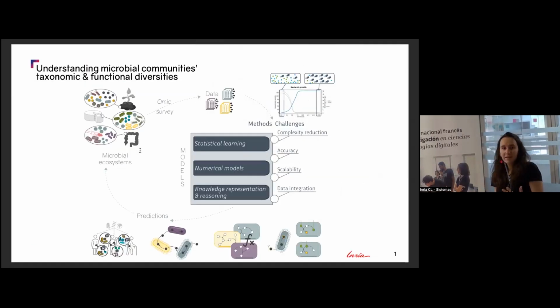So microbial ecosystems are absolutely everywhere, from the inner of our gut, in every animal, on our skin, in the ocean, associated to plants, in the soil. They are sometimes referred to as microbiota or microbiomes, and they are very complicated to understand.